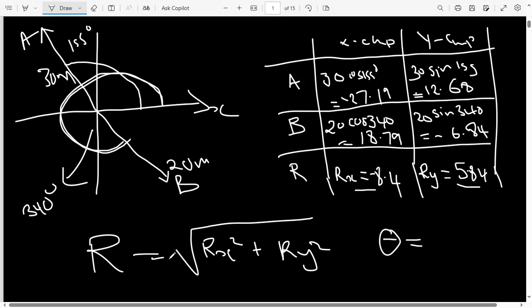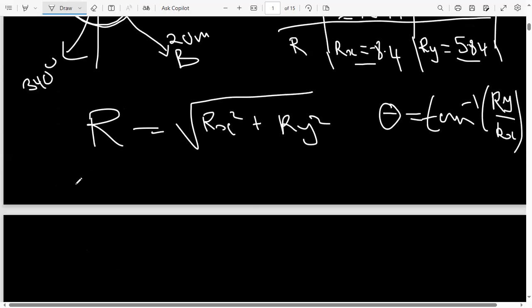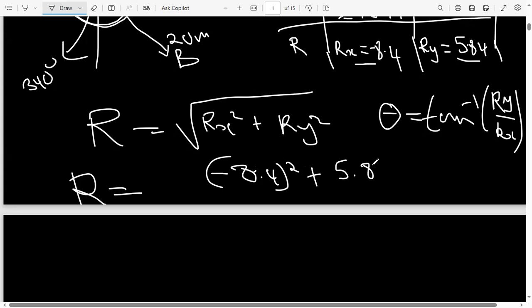This is going to help us find the magnitude, and then the direction there will just be the tan inverse of Ry over Rx. Okay, so this is what we have here. So let's find the magnitude here. So the magnitude will just be equals to this guy squared, so minus 8.4 squared plus, then on the other side we have 5.84 squared.